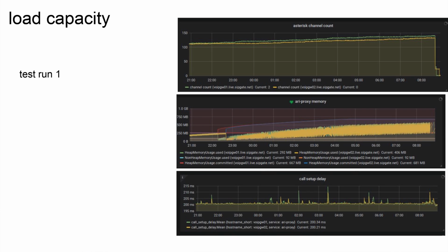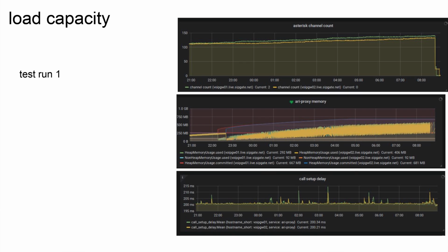Then the ARI proxy is written in Java, so we have a JVM running, and we had a look at the memory the virtual machine uses. After about 10 hours, it was pretty much flat. We haven't seen any increase anymore, so it's stable, kind of.